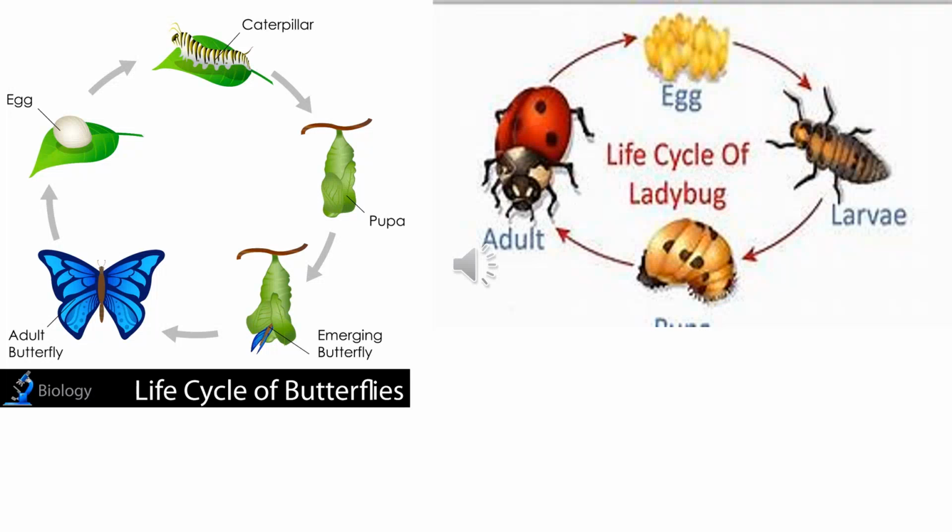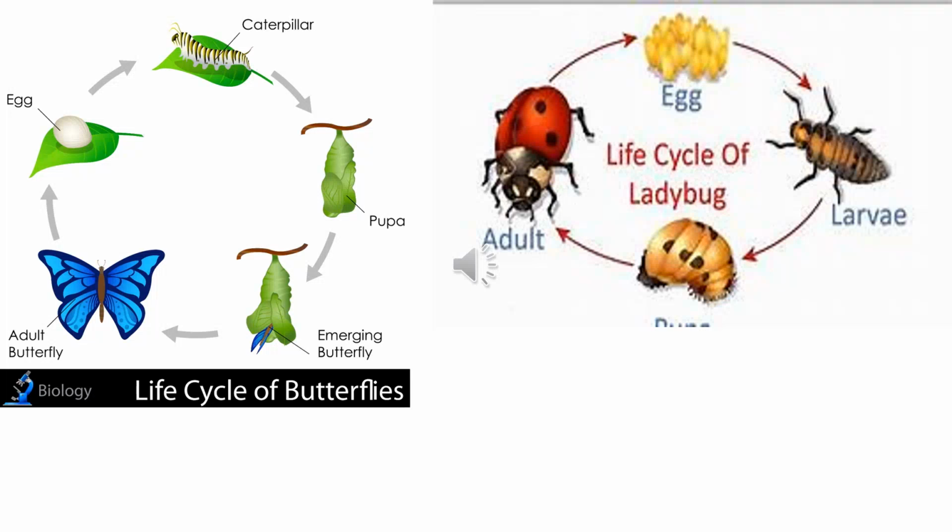In the third stage, the fully grown caterpillar surrounds itself in a cocoon called pupa. Pupa is a form of vessel in which the caterpillar changes into a butterfly. The third stage lasts for a few weeks to months.